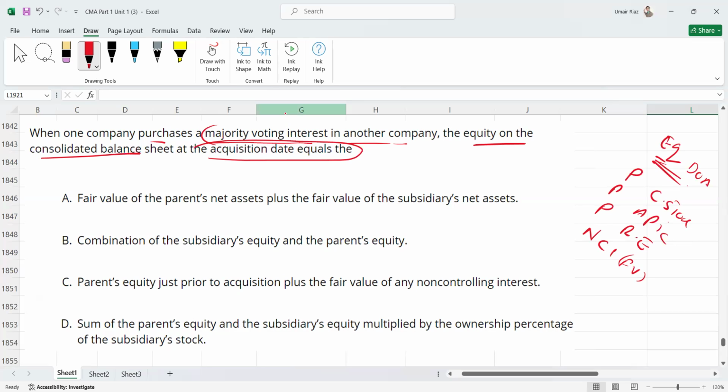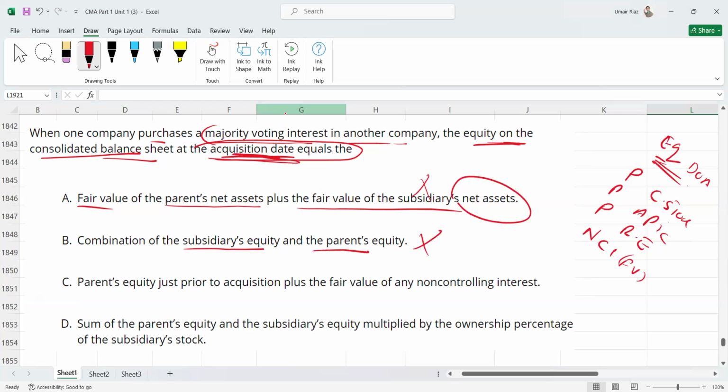So now they're saying the equity on the consolidated balance sheet at the date of acquisition equals what? Fair value of parent's net assets plus fair value of subsidiary's net assets. No, net assets means equity, but we don't show the subsidiary's equity because it is eliminated. This is incorrect. Then a combination of the subsidiary's equity and the parent's equity, no. Again, we don't show the subsidiary's equity.